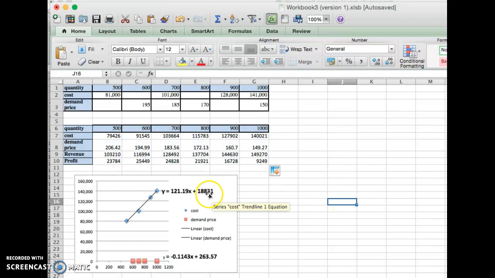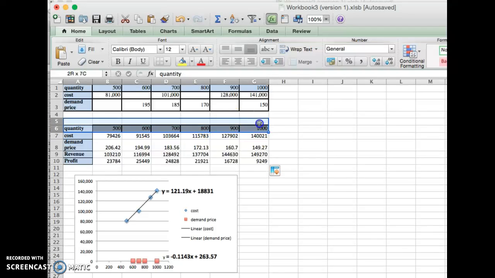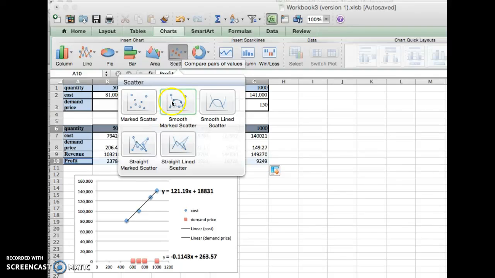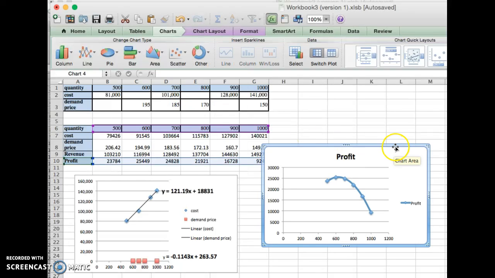In order to get a better feel for where the profit might be zero, I would actually just simply take the profit function. So highlight those two rows and then do a quick graph.